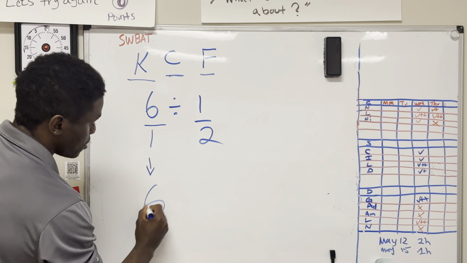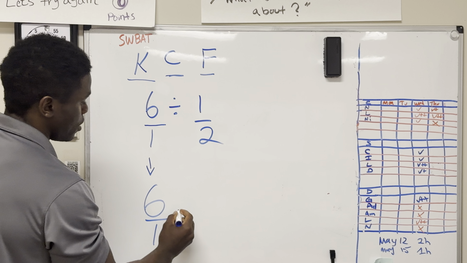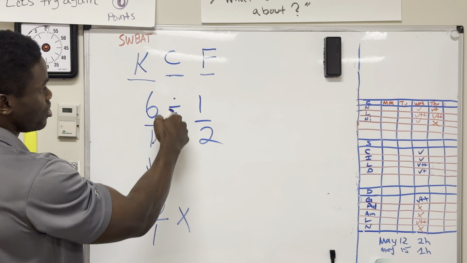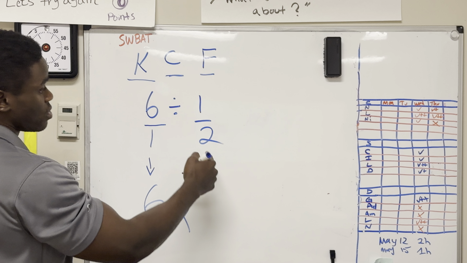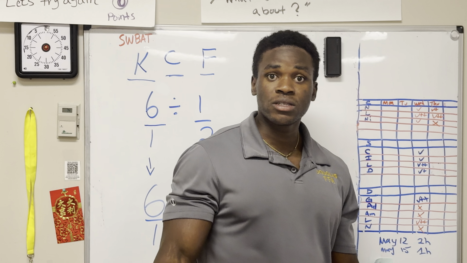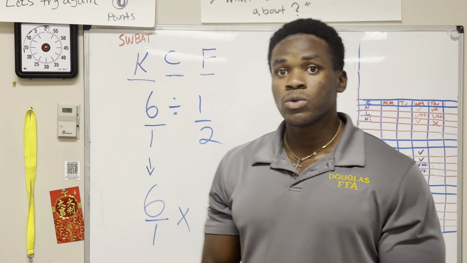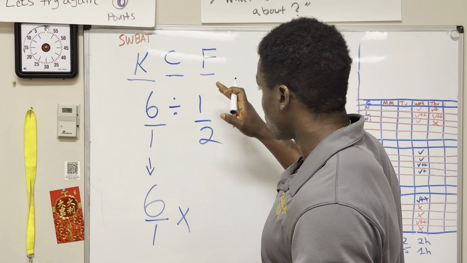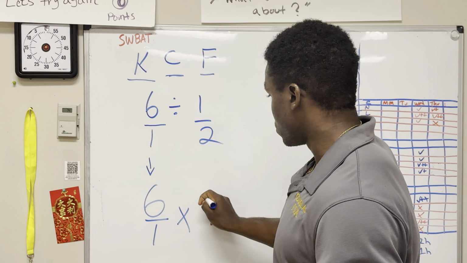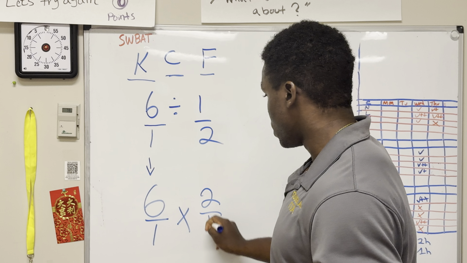I have 6 over 1 times, which was changed. C means change to the opposite, and then the last one is to flip. Just go ahead and guess what it would look like if that was flipped. And this should be 2 over 1. So this would be 2 over 1.